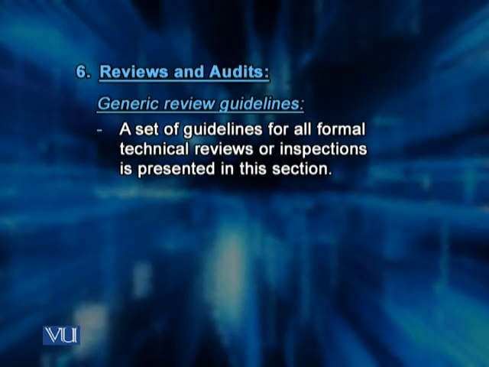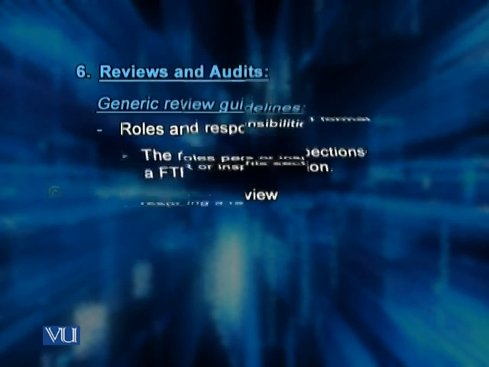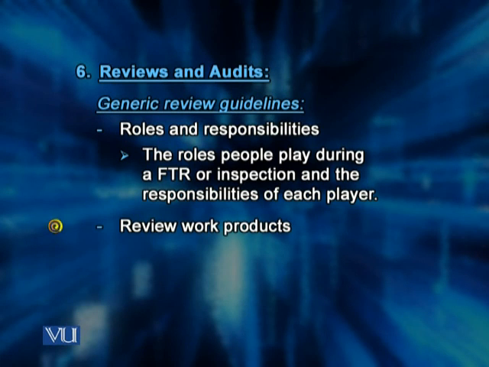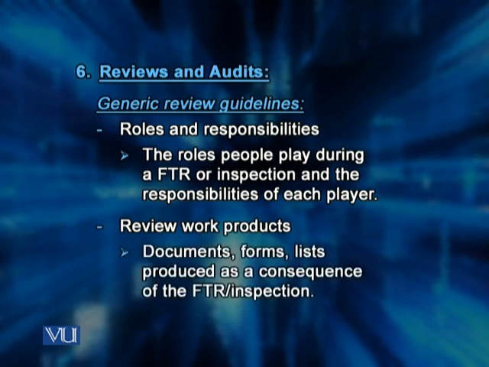A set of guidelines for all formal technical reviews or inspections is presented and documented in this subsection, and it consists of conducting a review and the roles and responsibilities played by different participants of a review meeting or an inspection meeting. There is another subsection titled Review Work Products, where documents, forms, and lists produced as a consequence of the inspection are listed.